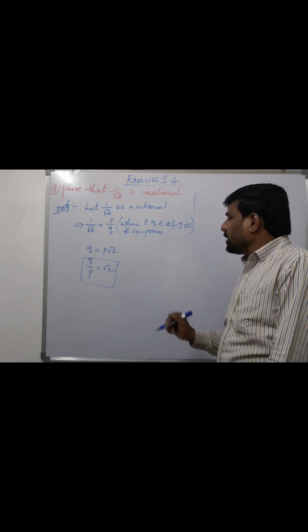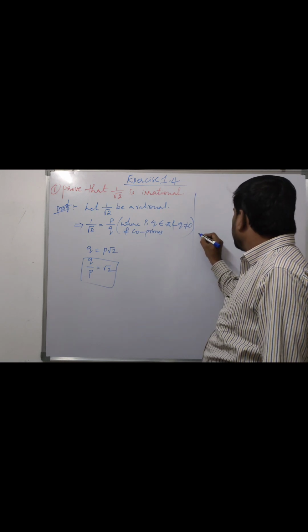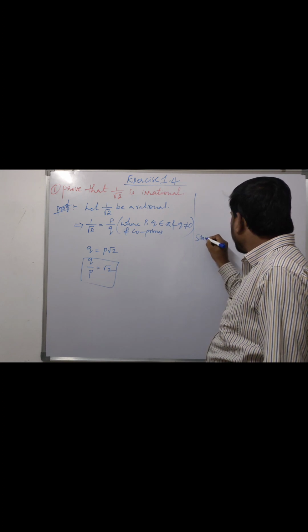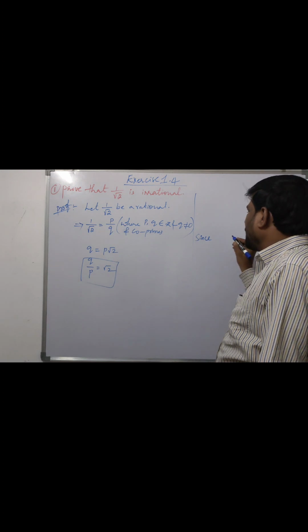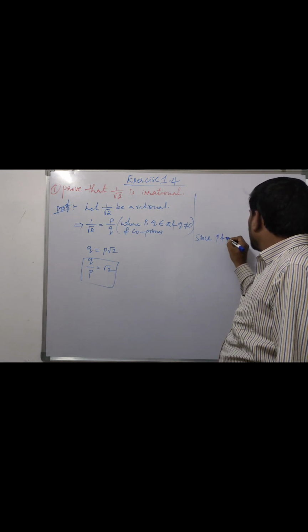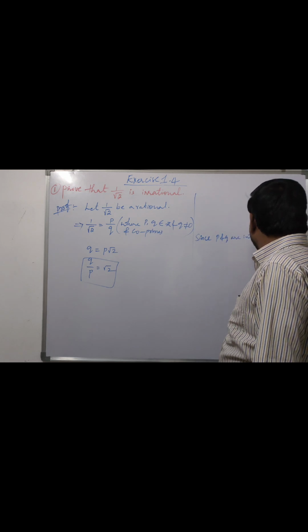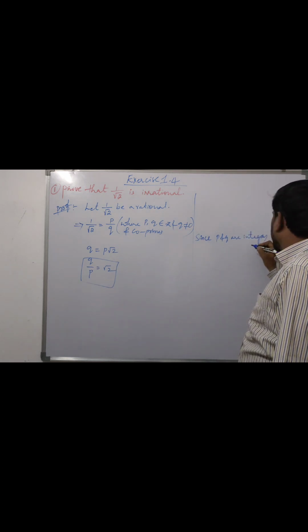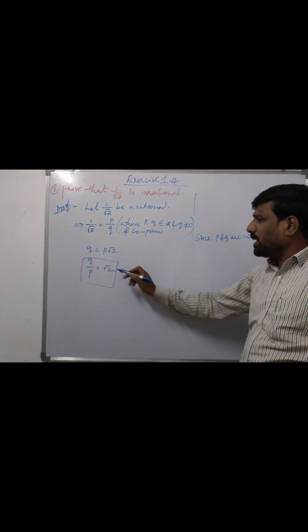Okay. So here, I'll write the solution. Since P and Q are integers and co-primes, then Q by P becomes integer by integer, no?